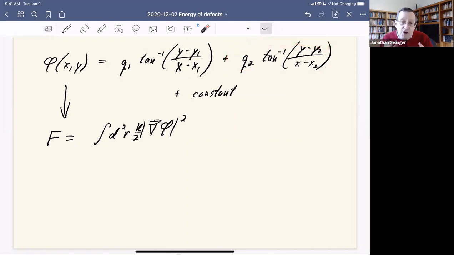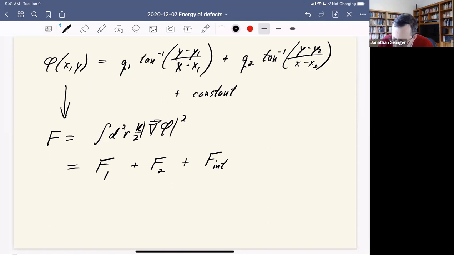And then we also get a cross term, right? Here it's the square of the total gradient, so it includes a cross term. So this whole thing gives us the free energy of defect number 1 plus the free energy of defect number 2 plus some extra free energy associated with the interaction, which might be either positive or negative.